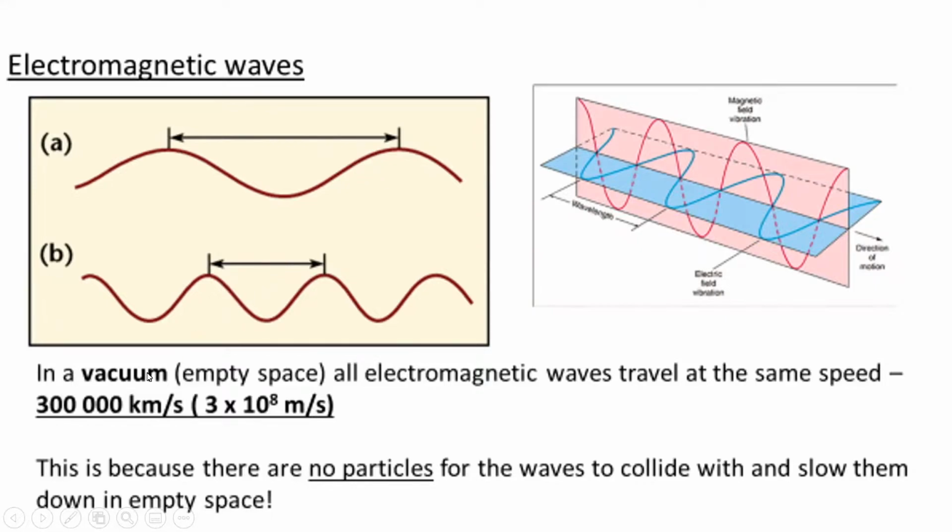In a vacuum, which is completely empty space, all electromagnetic waves, including light and others we'll meet in the next slide, travel at the same speed: 300,000 kilometres per second, also known as 3 × 10⁸ metres per second.